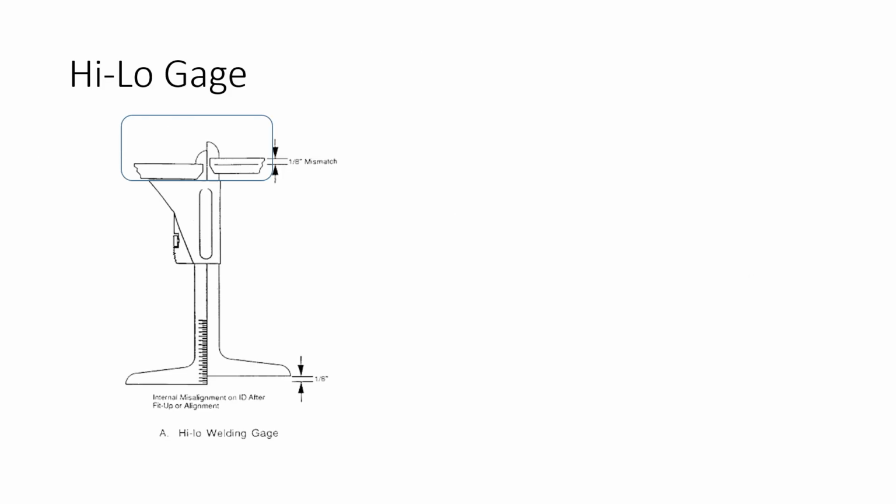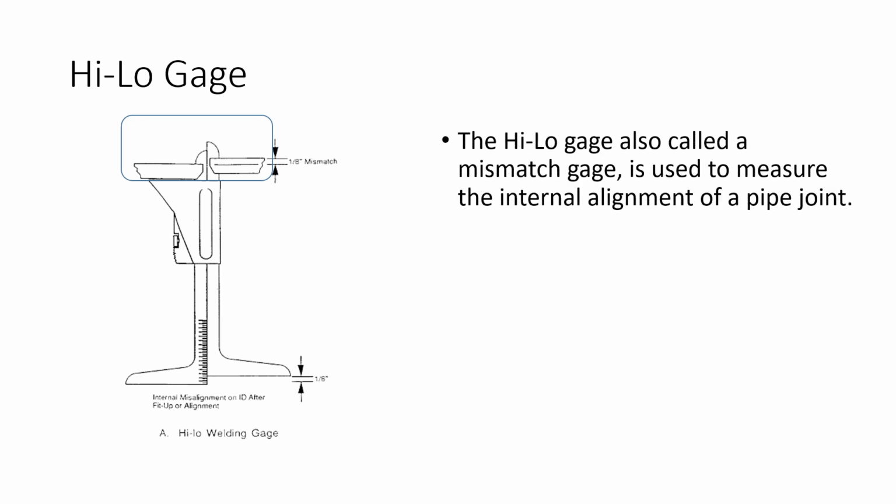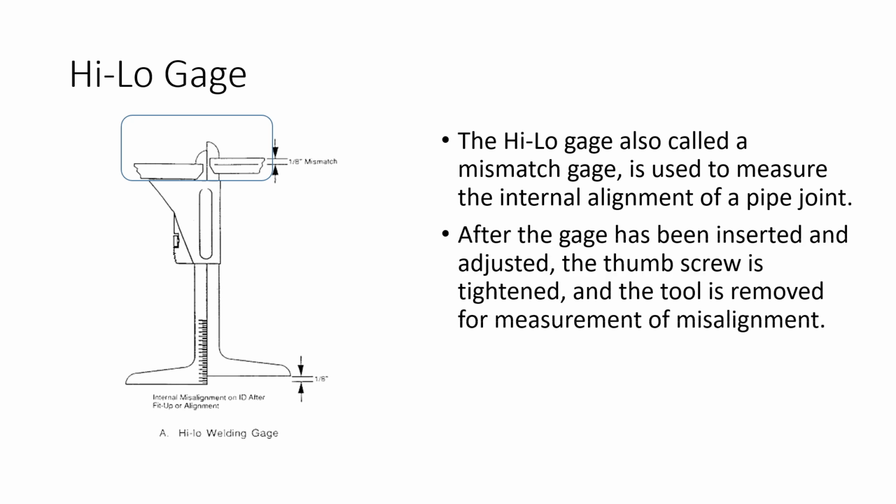Okay, so here up at the top, I've got circled with that little thin blue line our pieces of pipe, and that's what we're measuring. Here you can see we've got an 1/8 inch of mismatch. So the high-low gauge is also known as a mismatch gauge. We use it to measure the internal alignment of a pipe.